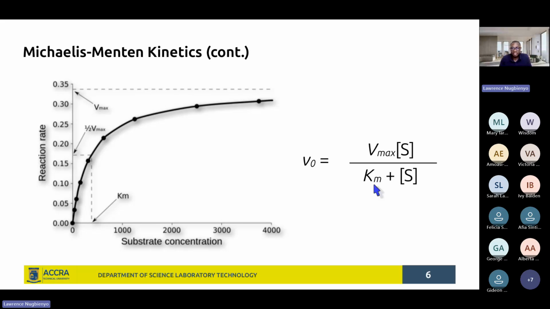Of course, sometimes it's been said that maybe the equation should be referred to as Henry Michaelis-Menten kinetics, because Michaelis and Menten actually built on the work of Henry, so that his efforts will also be recognized as well.